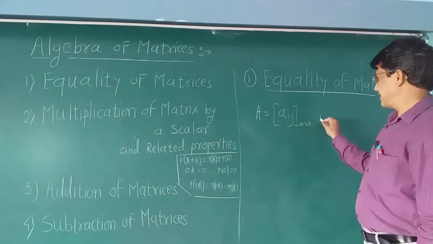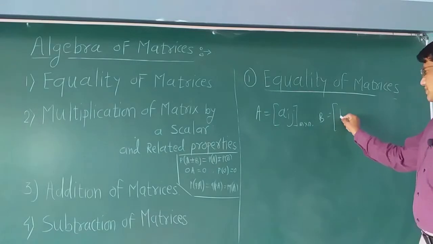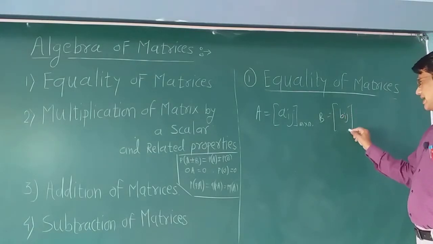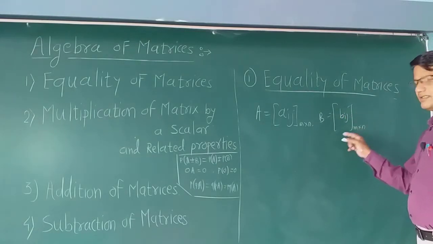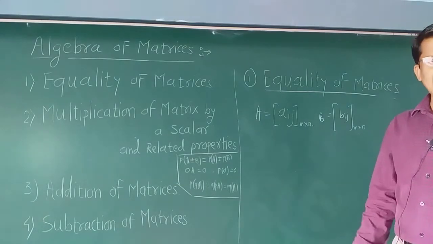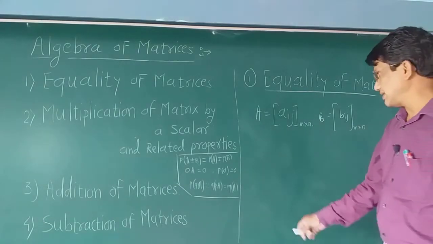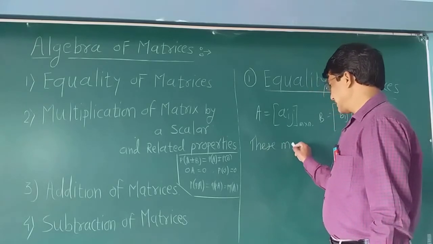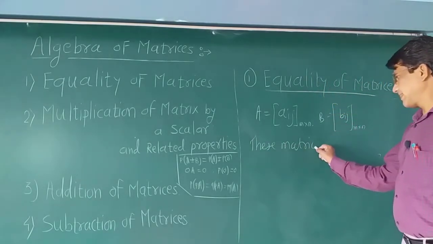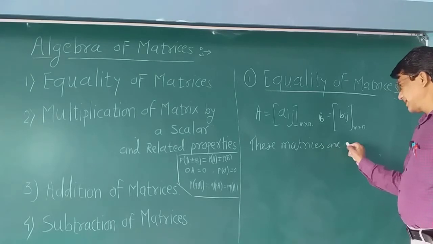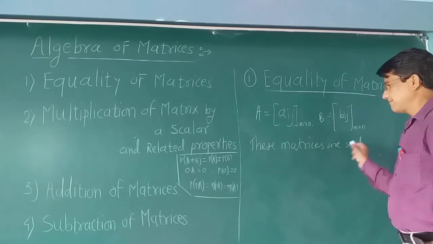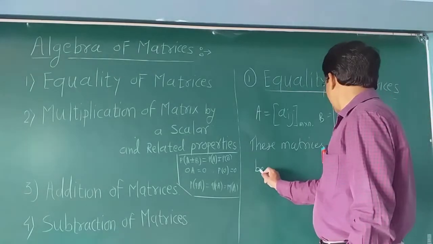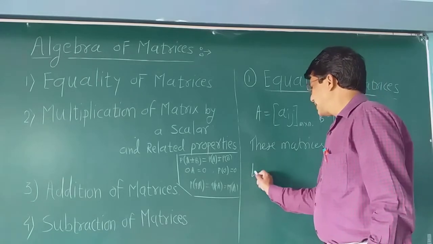Another matrix B, suppose bij, order m by n. These matrices are said to be equal.